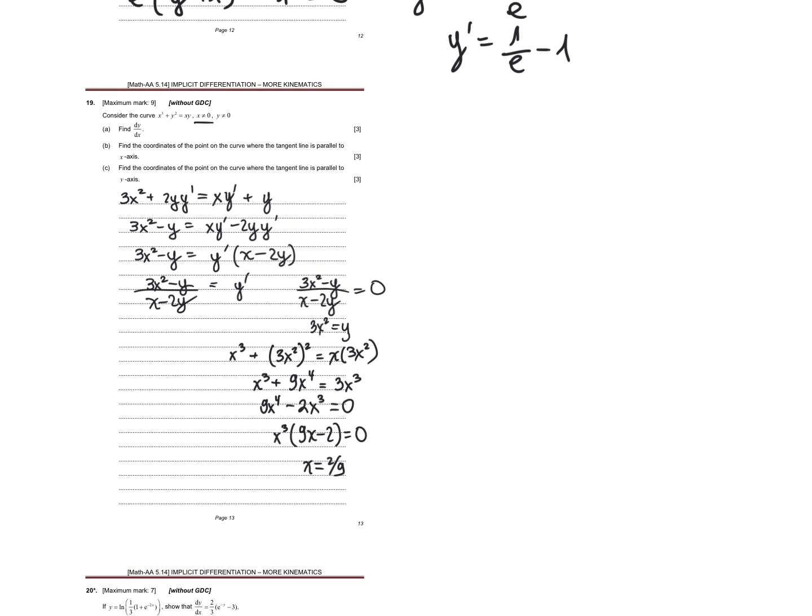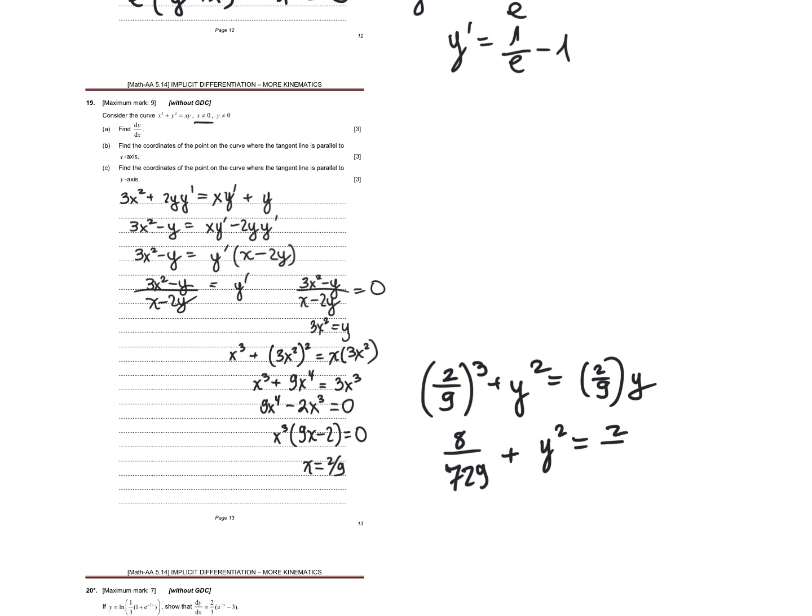So we're going to have (2/9) cubed plus y squared equals 2/9 y. So that's 8 over 729 plus y squared equals 2 over 9 y.